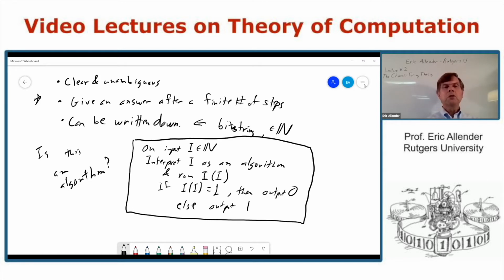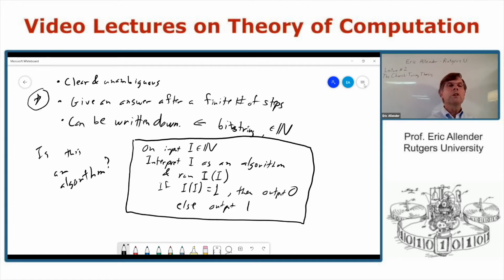And what Church and Turing essentially independently hit on was the infinite loop. Not because any of them were really interested in infinite loops, but because they had different approaches to modeling what seemed like computation to them, and what they came up with allowed certainly the possibility of infinite loops.